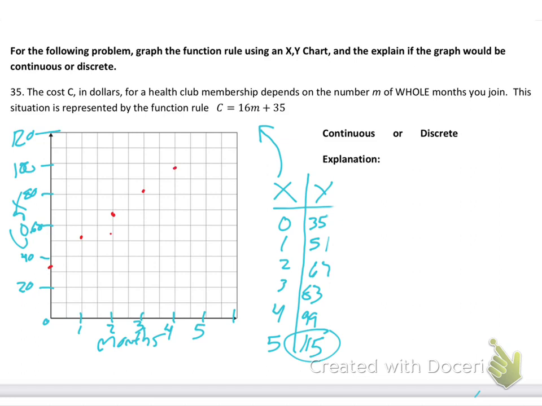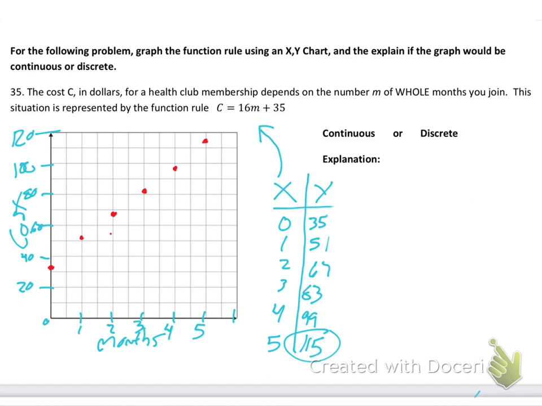And then 5, 115. So I'm going to go pretty much all the way up. So make sure you have some nice points. It's kind of hard to draw with this Apple Pencil. Or actually make little small points, but bear with me.